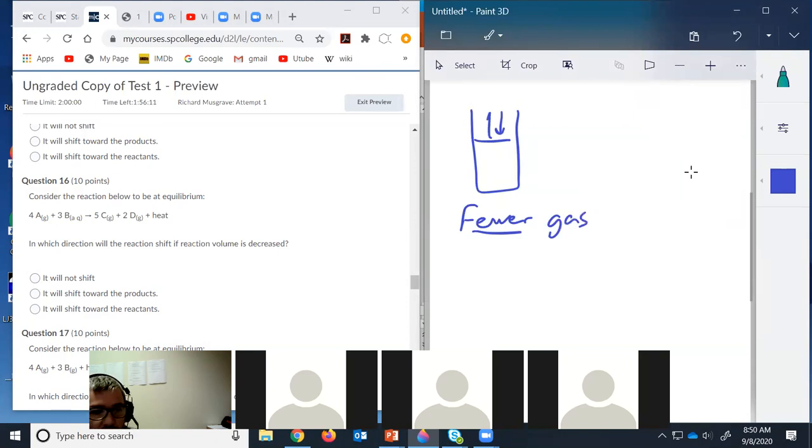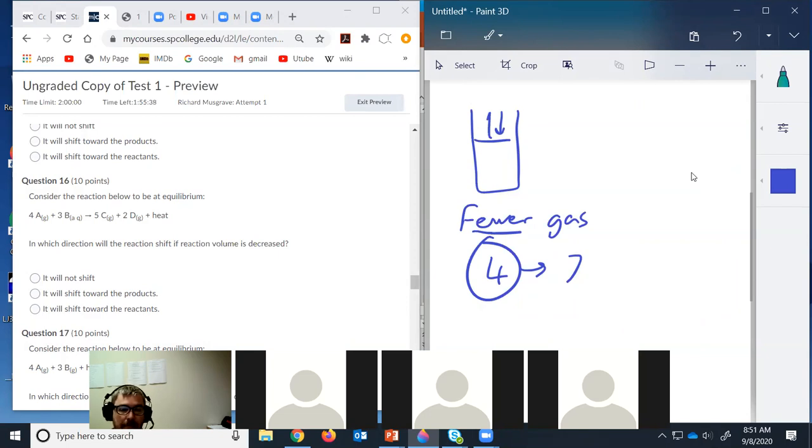Now, looking at this one here, we have four gas on the reactants. We have 7 on the products. So it's going to go towards the reactants because it's got fewer gas molecules. That's a good one. Remember, it's only based on gas molecules, not everything else, because gas molecules are the only ones that are going to be affected by pressure.